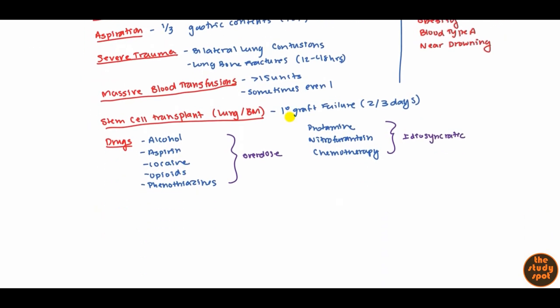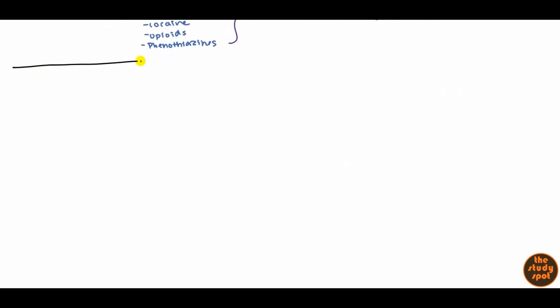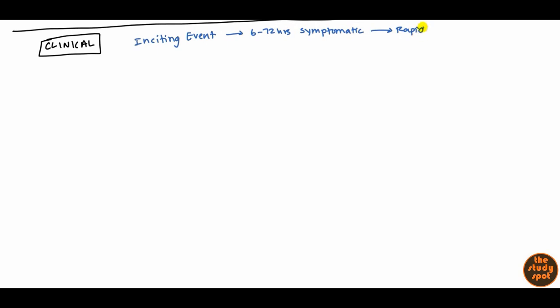So now let's change our focus to looking at some of the clinical aspects. When you're looking at the clinical aspect, it's always important to remember that there has to be some inciting event that leads to the damage to the lungs, and then about 6 to 72 hours later, the patient becomes symptomatic. They get some mild symptoms, and then they rapidly become worse.